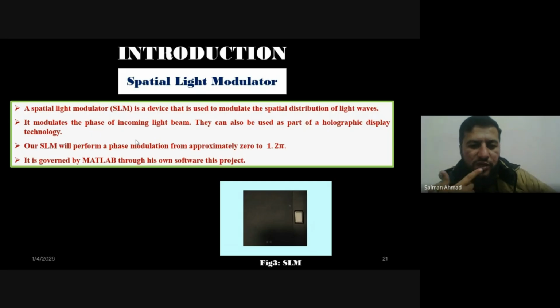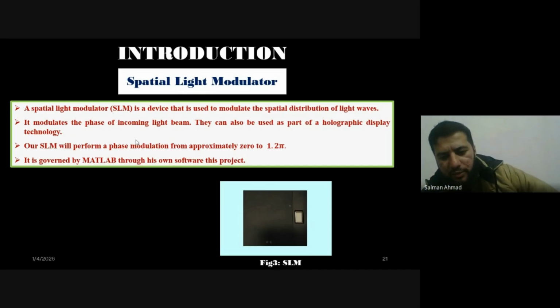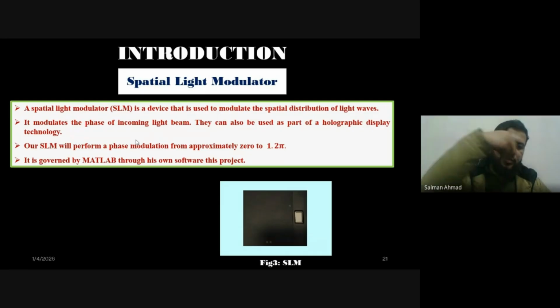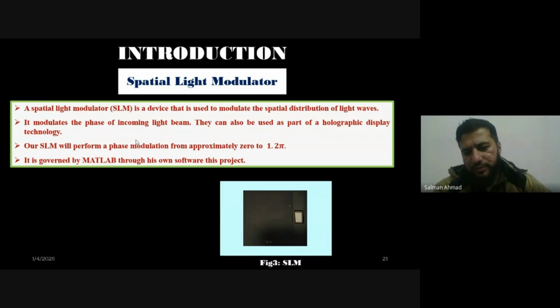Like if we use it for medical purposes, we cannot put the object there at the start and display that object with a light and fall that light after the SLM, and then on the sensor plane.